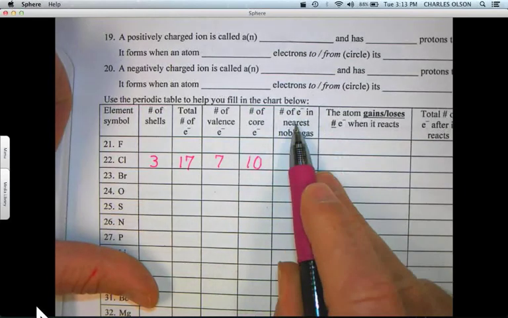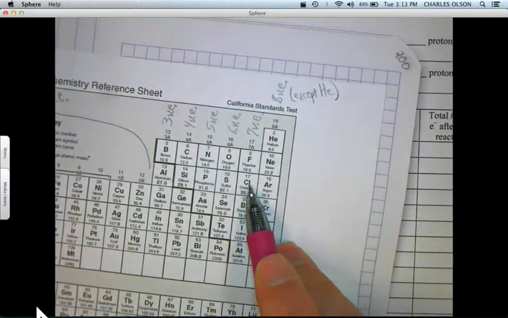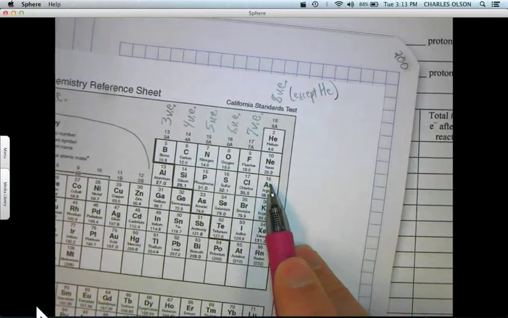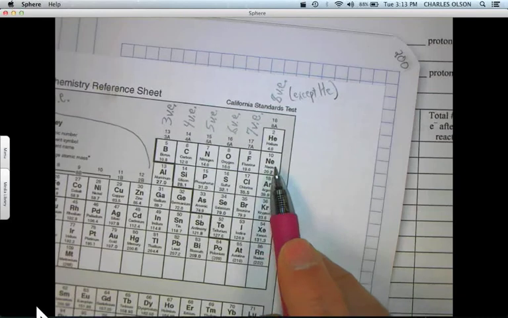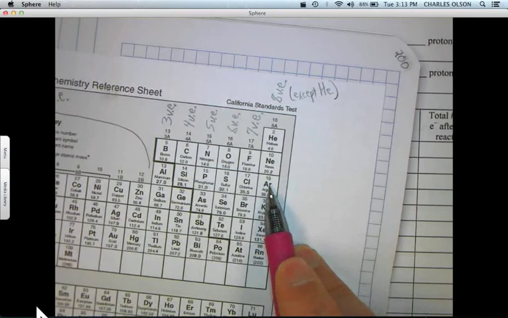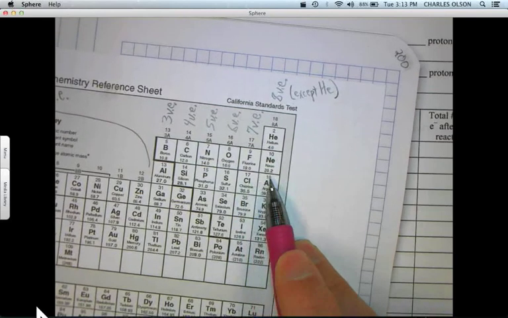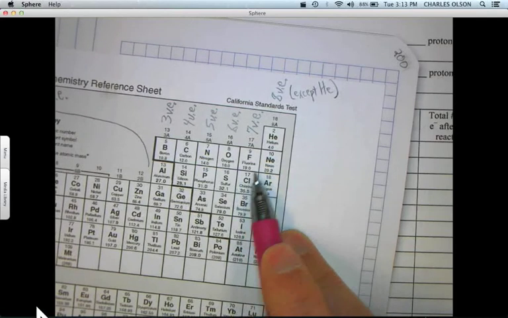The number of electrons in the nearest noble gas. Well, chlorine, at atomic number 17, is between the 2 noble gases, neon and argon. But clearly 17 is closer to 18 than it is to 10.